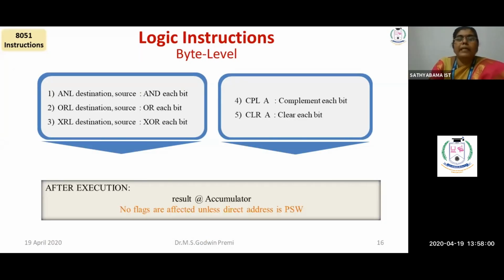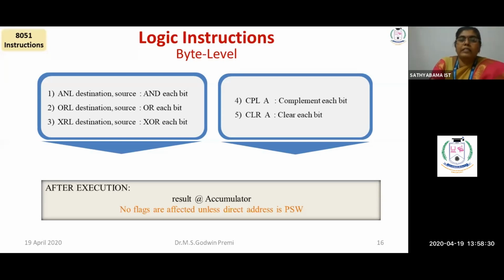The first instruction is ANL destination comma source. The meaning is AND each bit, that is, all the 8 bits must be ANDed together. Then ORL destination comma source, that is logical OR of all the 8 bits. Source bits will be logically combined with the destination bits and the result is stored in the destination.